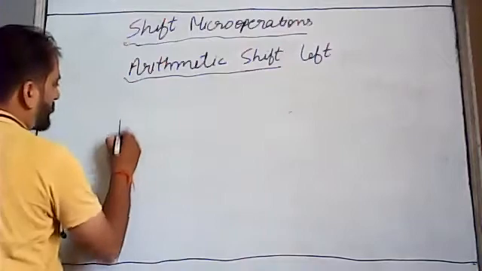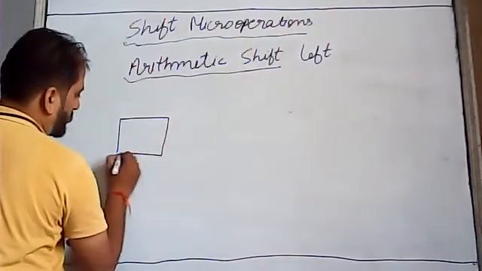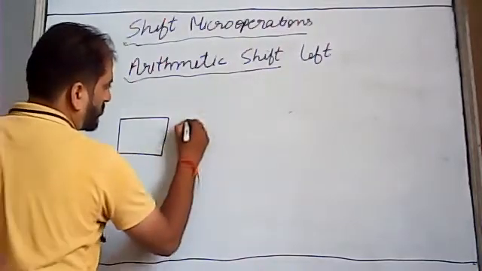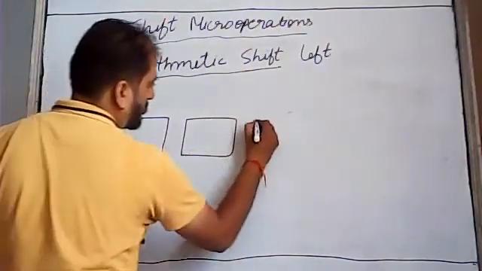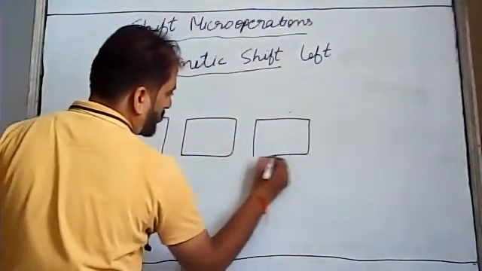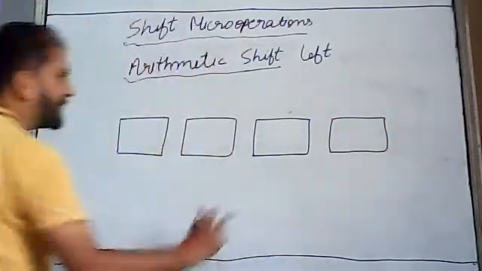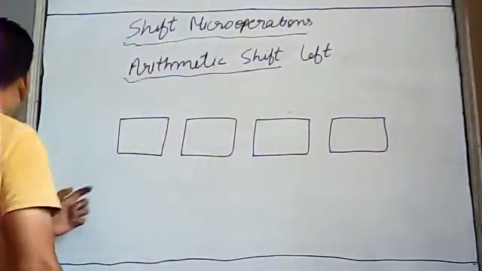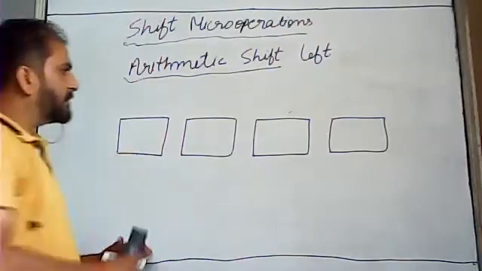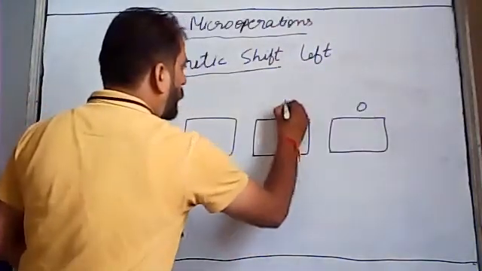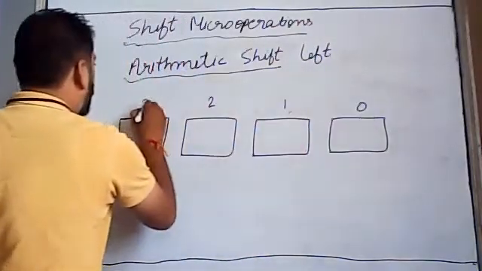Suppose we have a register. Let's take a 4-bit register, for example with bits 0, 1, 2, and 3.